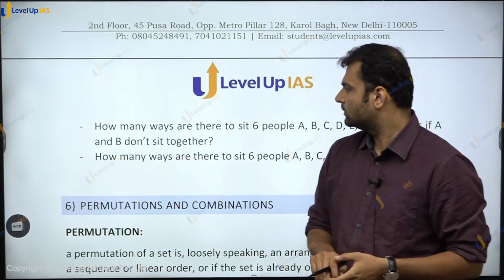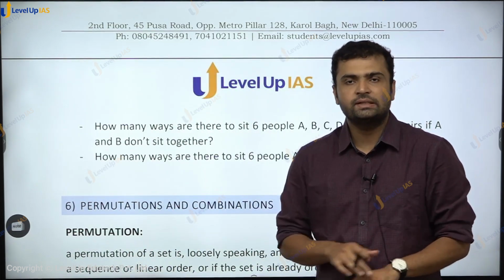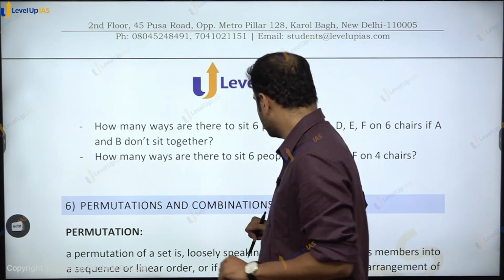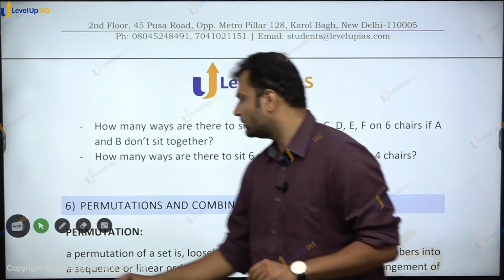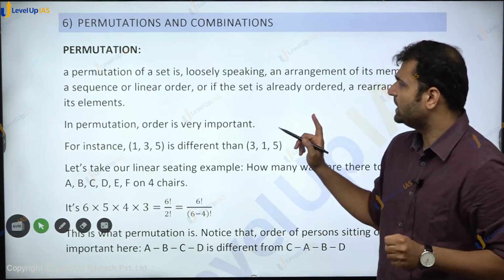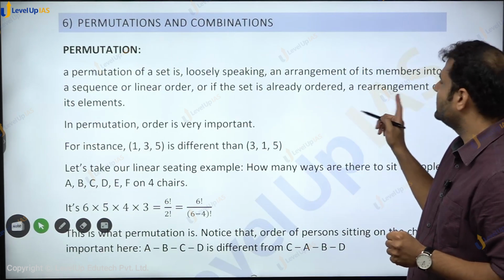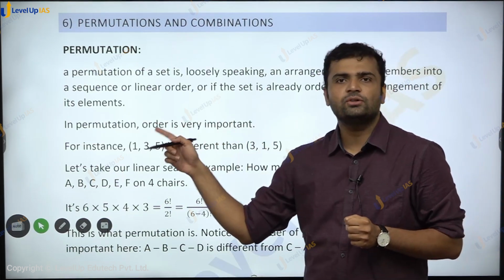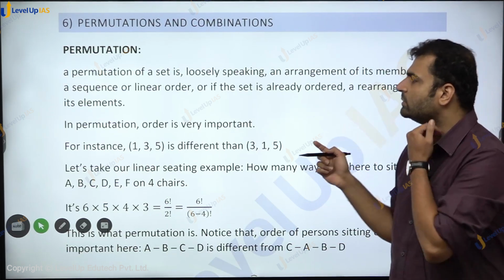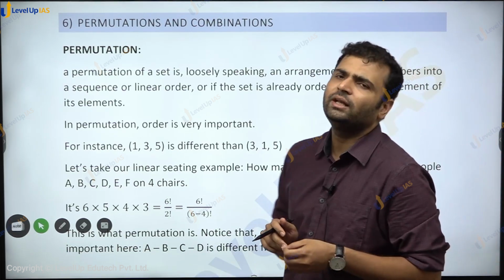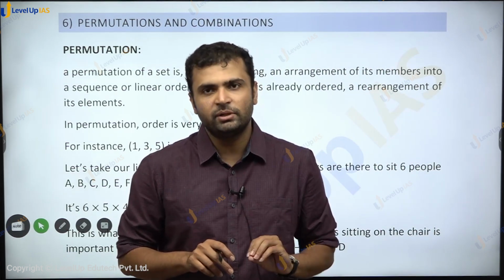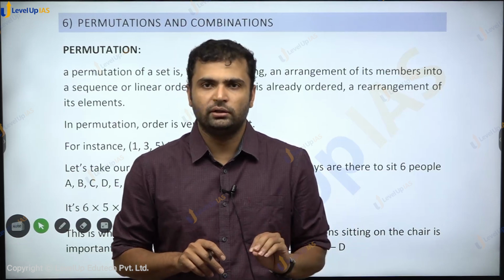Guys, we'll start with the next section, permutations and combinations. What do we mean by these terms? A permutation of a set is, loosely speaking, an arrangement of its members into a sequence or linear order, or if the set is already ordered, a rearrangement of its elements. Basically, what is a permutation? Permutation is rearrangement where order is important.